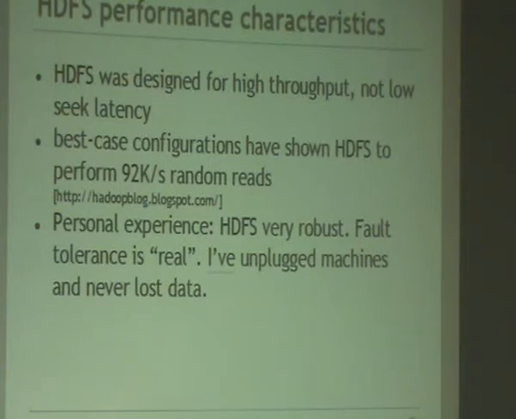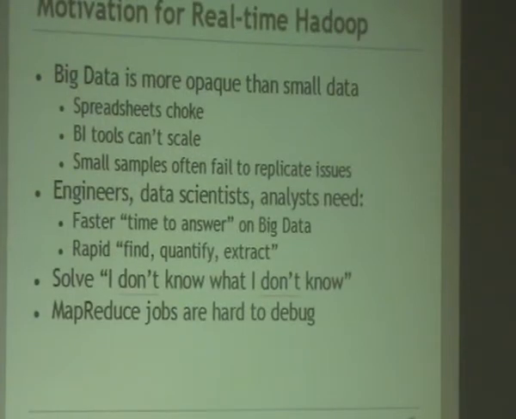Okay, now if we go to slide 15. Let's talk about some of the motivation for real-time access to Hadoop, which a lot of companies and open source projects are pursuing right now. So big data is more opaque.